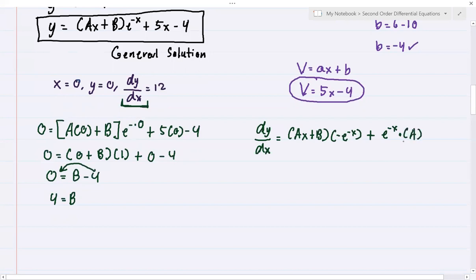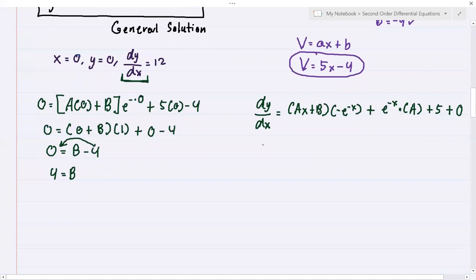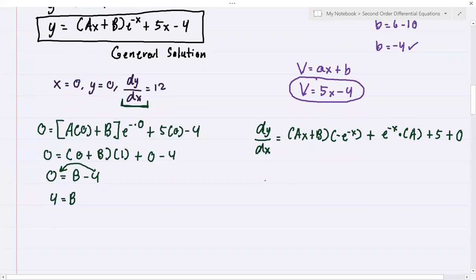Plus the derivative of your 5x, which is just 5, and the derivative of negative 4 is just 0.